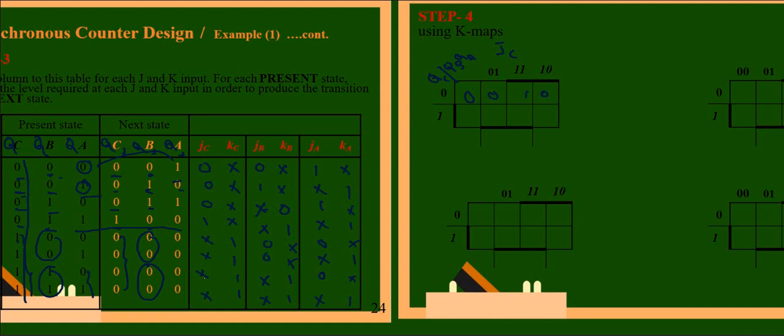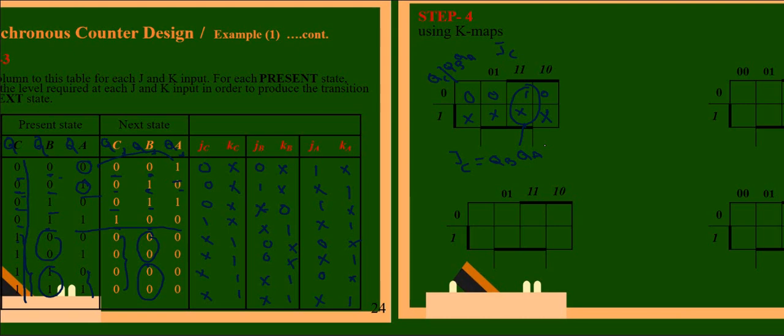Then we write all don't care in the next condition. So all are don't care here. From this we can do the grouping. Here 1 is present in 1 1, so this is a 1 don't care grouping. In this grouping QC is cancelled out and QB and QA are both high. So our answer is JC equals QB and QA.